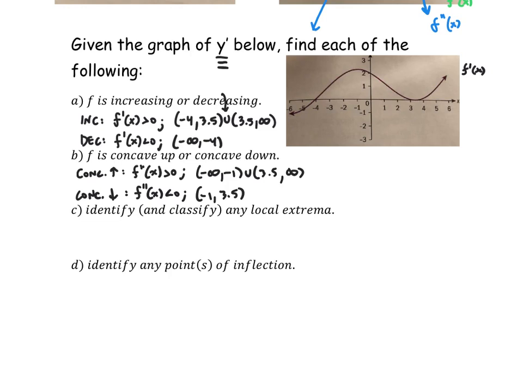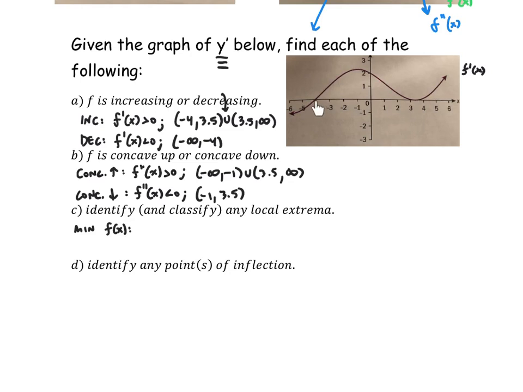Identify and classify any local extrema. So this is good. Let's identify max values and min values for f. So how do we identify a minimum value for f of x? Well, that's where f prime is 0 or doesn't exist and changes from a positive to a negative.